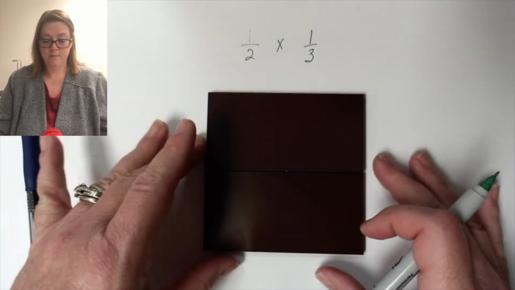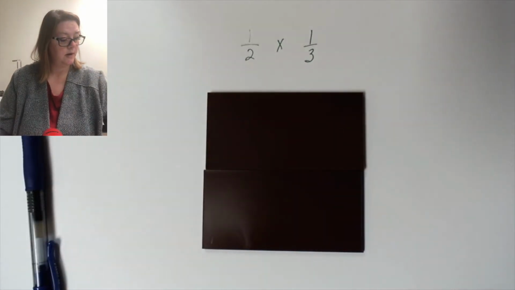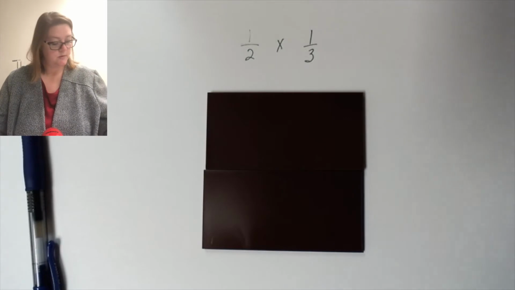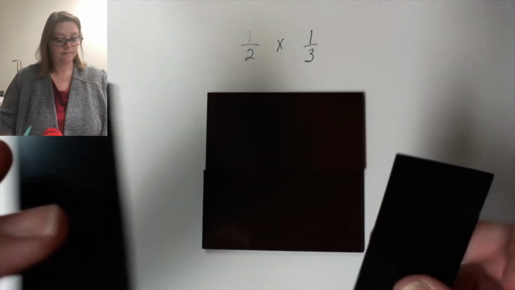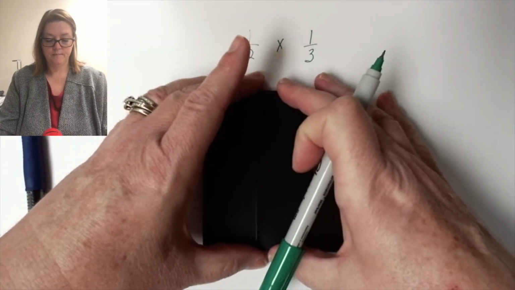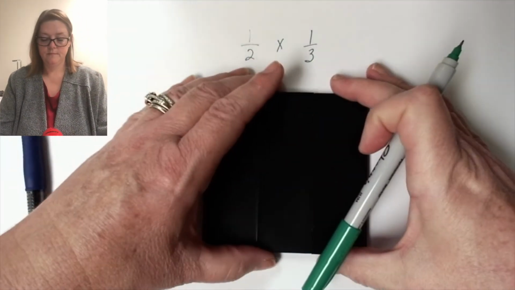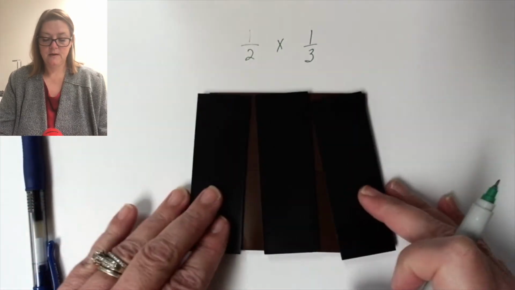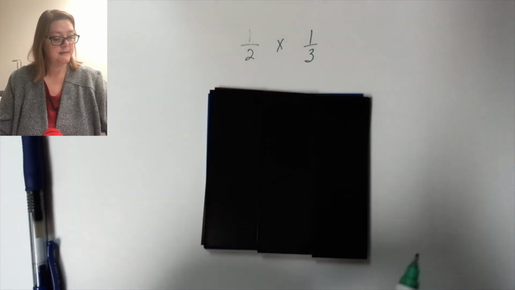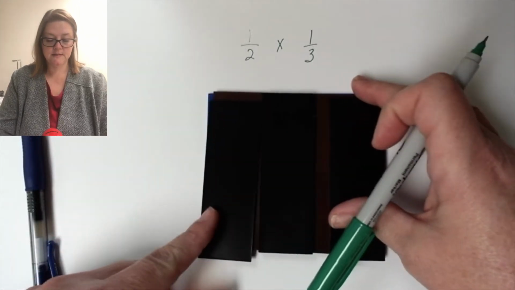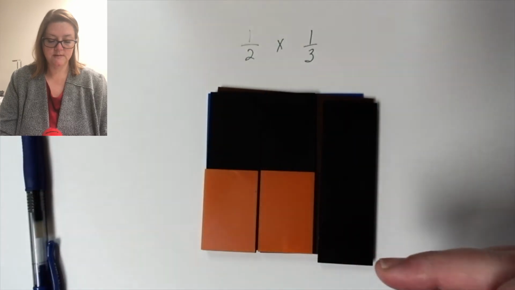So a half of a third. So now I'm going to say, okay, I'm looking at my thirds, which are right here. Now, if I look at this, how is this broken up? Well, by sixths, right? I can break this up by sixths because truthfully, this half is right here.